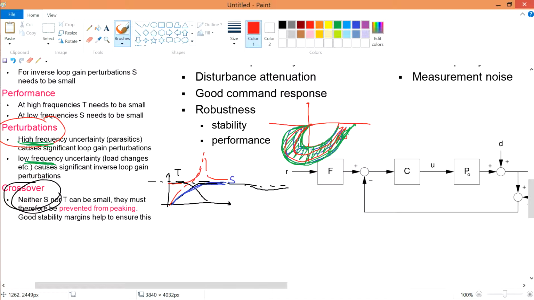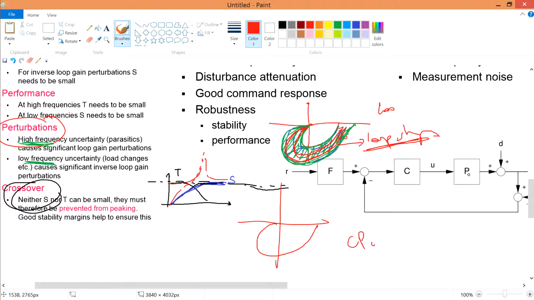And moving here and moving here is talking about loop shaping, because you're shaping your loop gain. This whole thing is your loop gain. This is actually CP or CP0 in other words, or equals L0. This whole thing is just your loop gain itself.